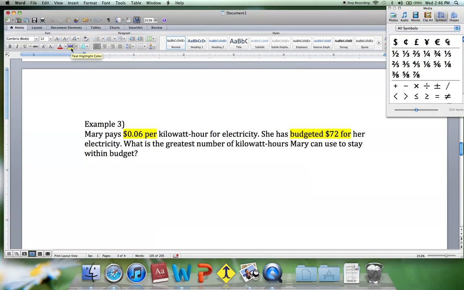She can spend less than $72, but she doesn't want to spend more than $72. Our variable is going to be K for the kilowatt hours.